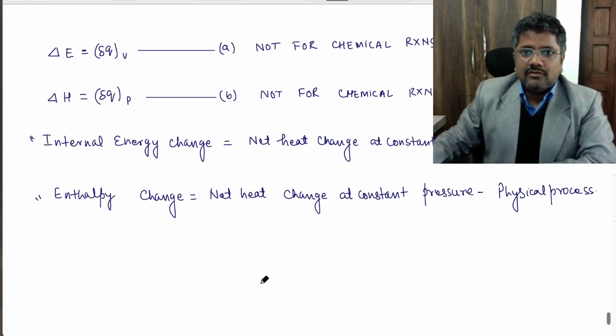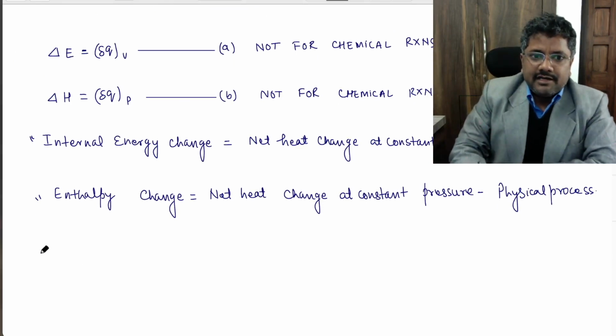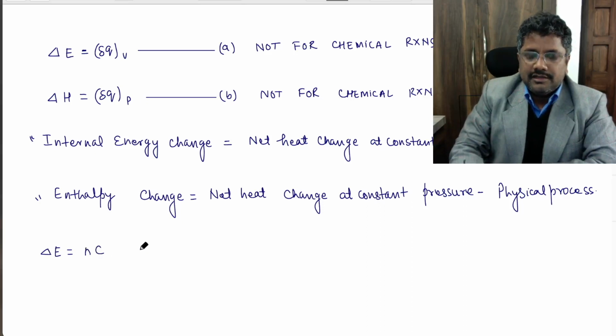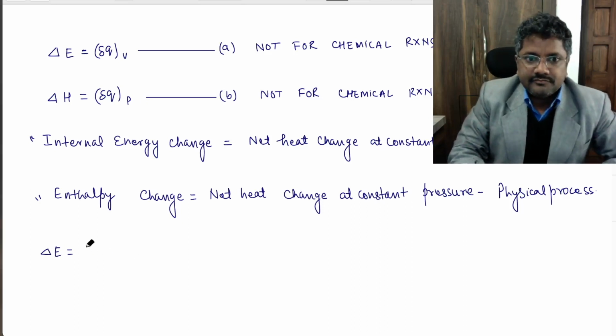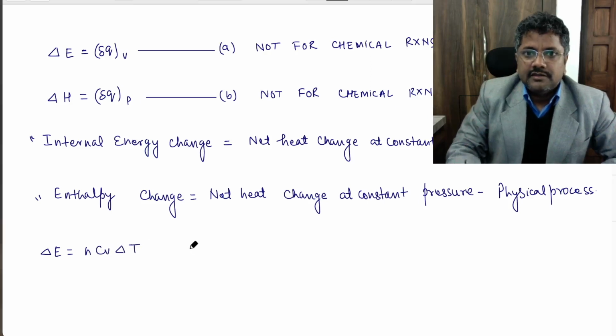So now you can write delta E is equal to nCv delta T. This is the master formula.